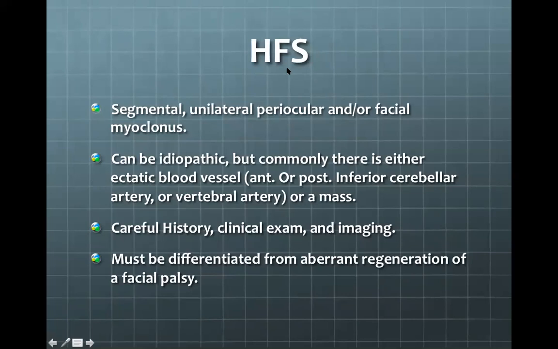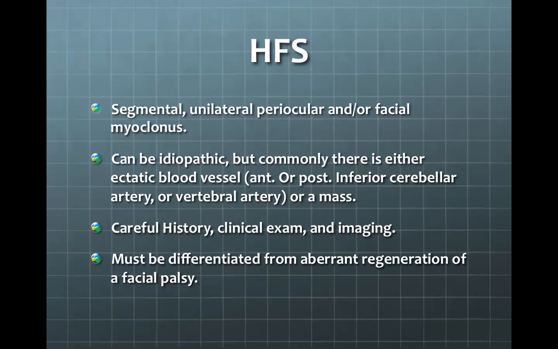So we go to the hemifacial spasm. Hemifacial spasm is a segmental, unilateral, periocular and/or facial myoclonus. It happens on one side, and usually starts periocular, then involves the rest of that side of the face.